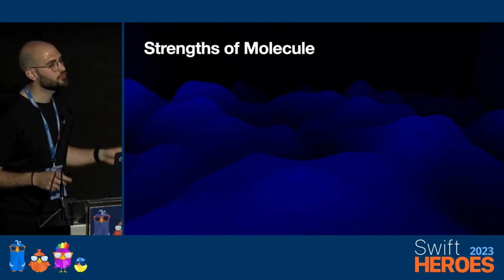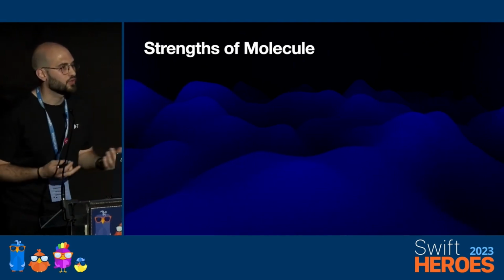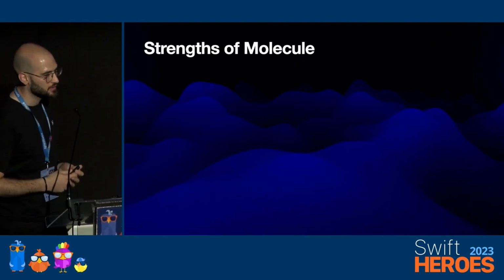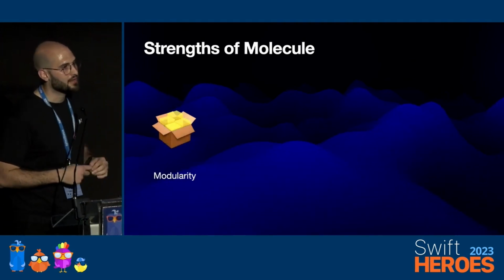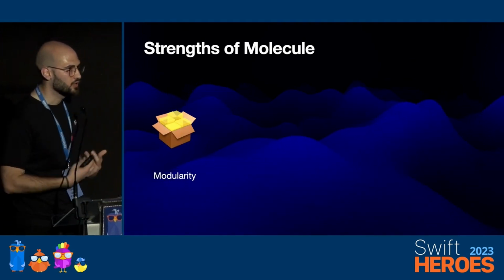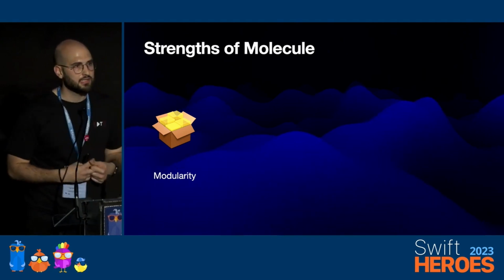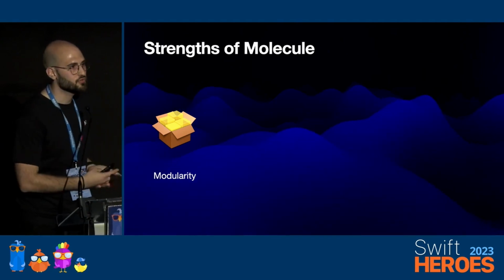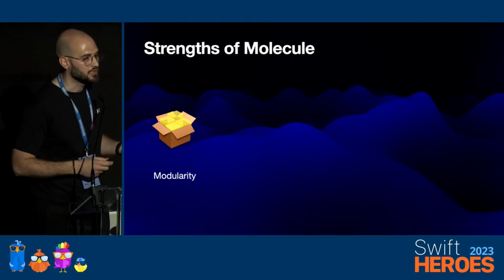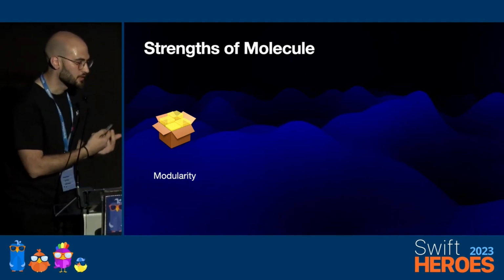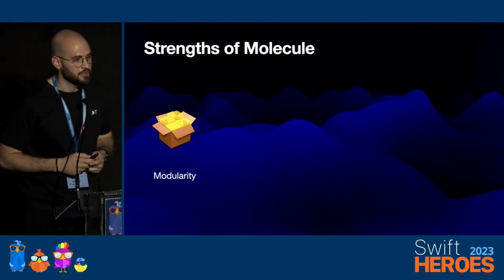Let's try to recap what we did and what we achieved thanks to Molecule. First of all, we got the modularity that we wanted, thanks to the composable state and the abstraction that the store makes of the elements.